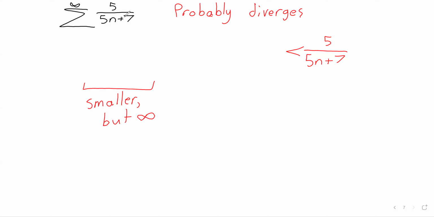That's, again, the way the comparison test works. We either shrink it or expand it, increase it, depending on whether we're trying to show convergence or divergence. Here, the only way we can show divergence is if we're bigger than an infinite thing. It's useless to go the other way.